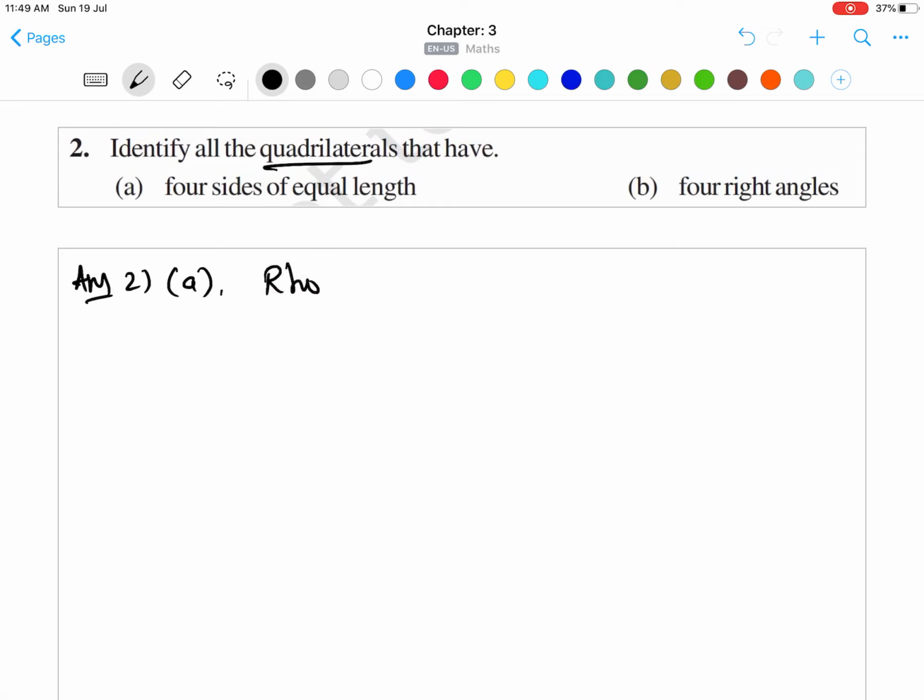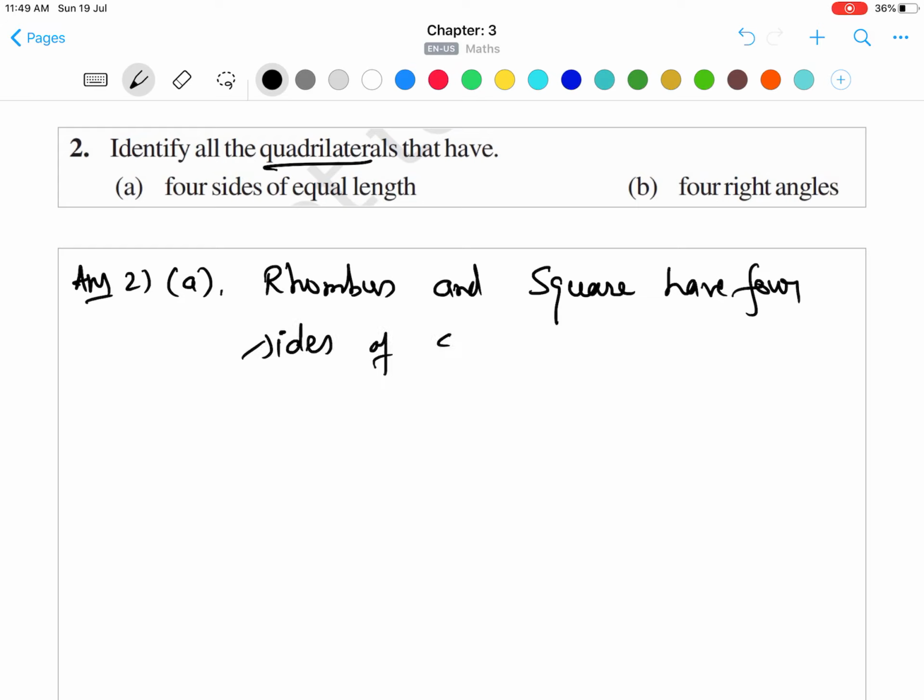So write: rhombus and square have four sides of equal length.